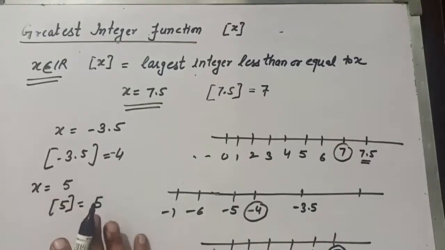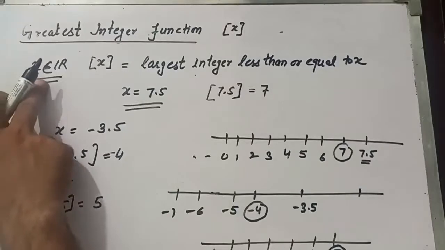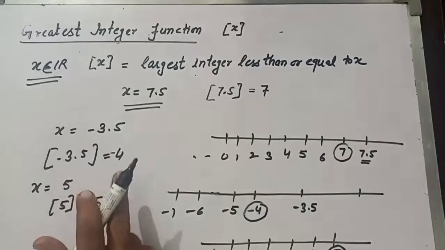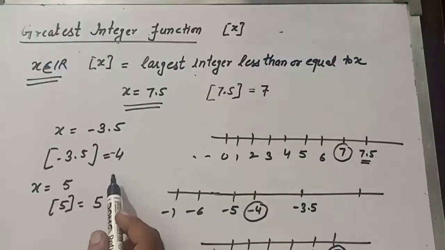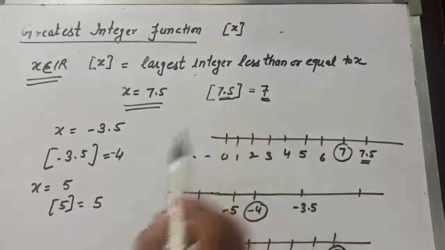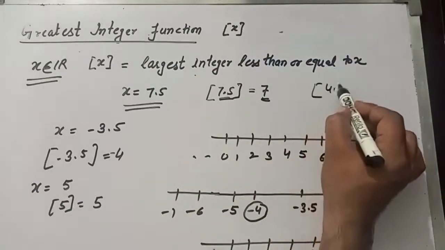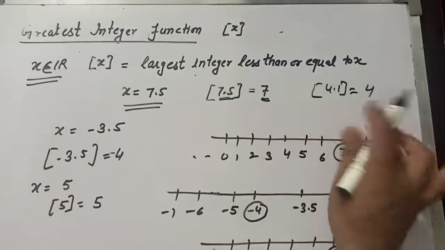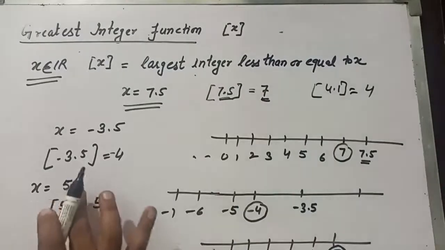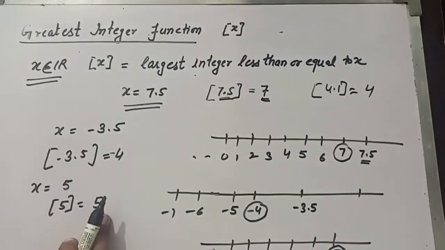So what we have observed is that if the number is positive, just remove the fractional part. Suppose 7.5, just remove the fractional part and you get 7. Similarly, if you have 4.1, the greatest integer is 4. And if the number itself is an integer, then the greatest integer is the number itself.